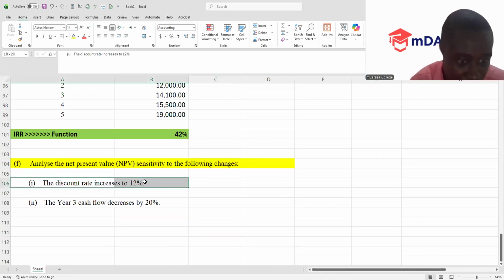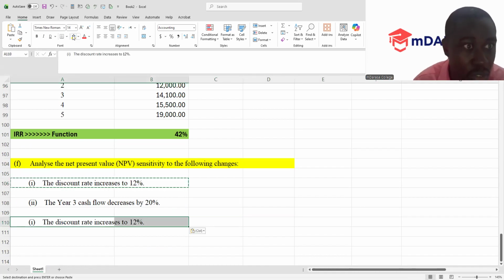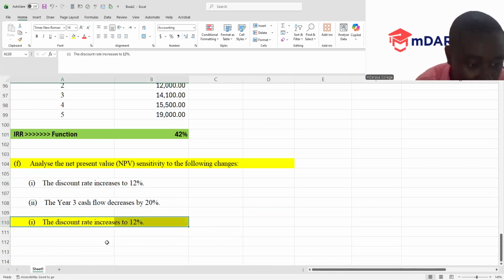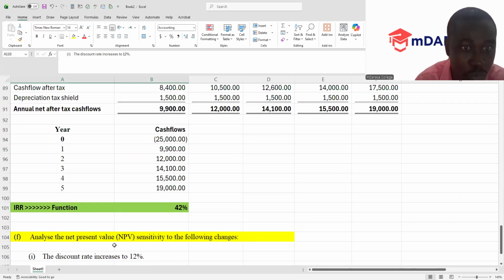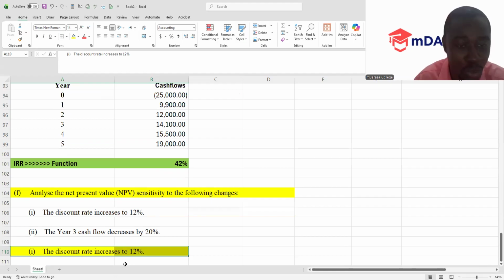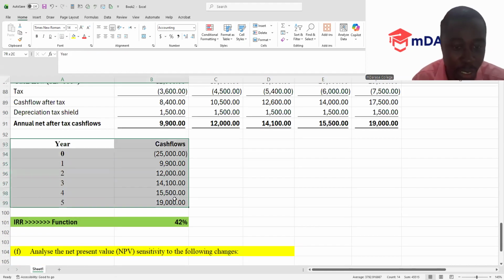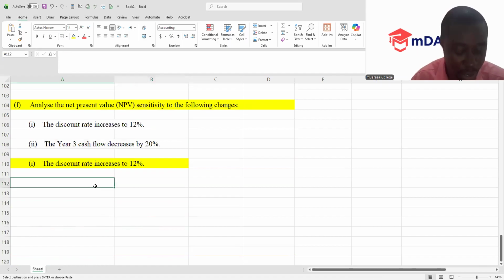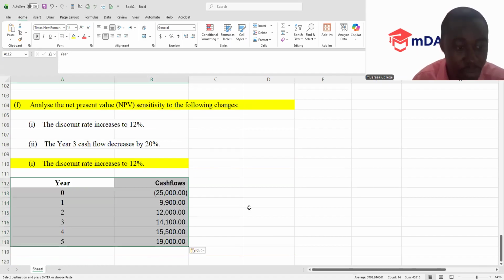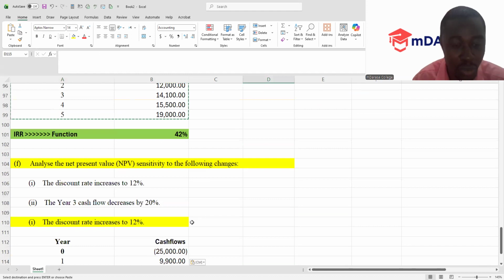So we start with part A of the question here. Part A wants us to determine the discount rate, if at all our discount rate increases to 12%. What are we going to do? Of course, we take our cash flows here. These are the cash flows that you determined.